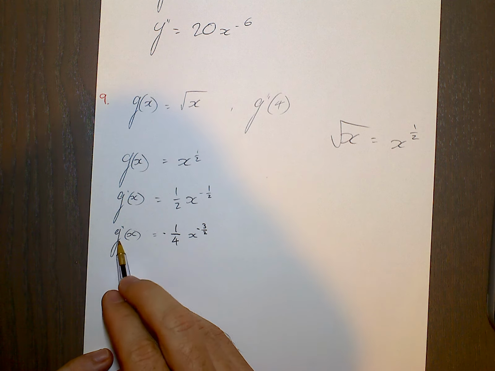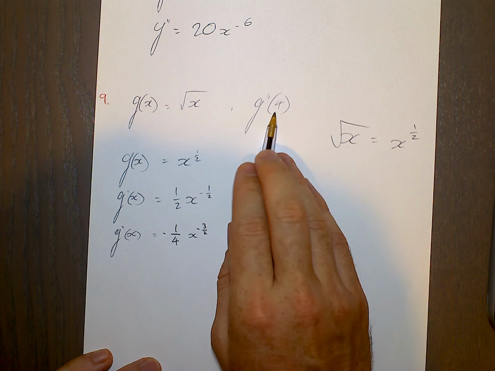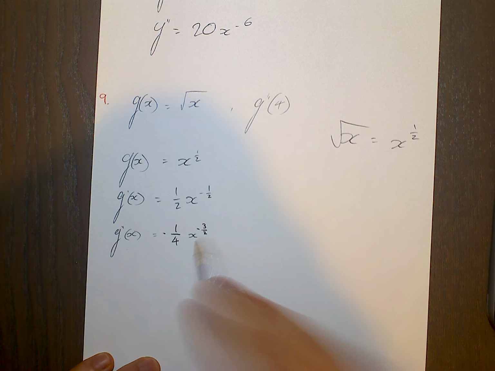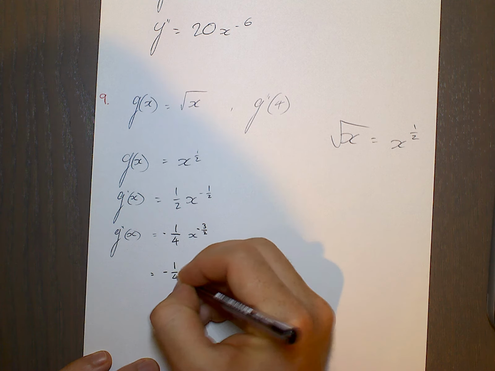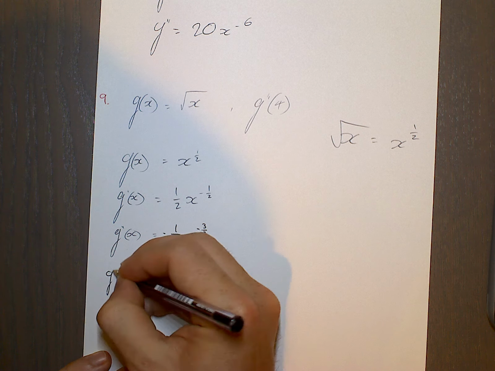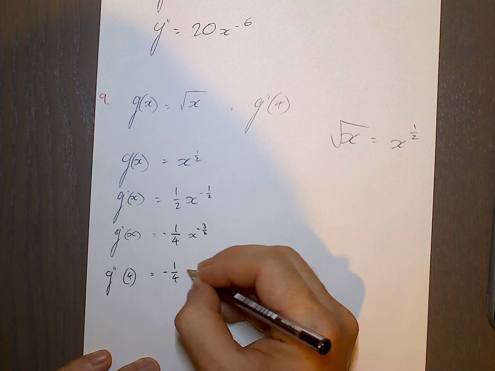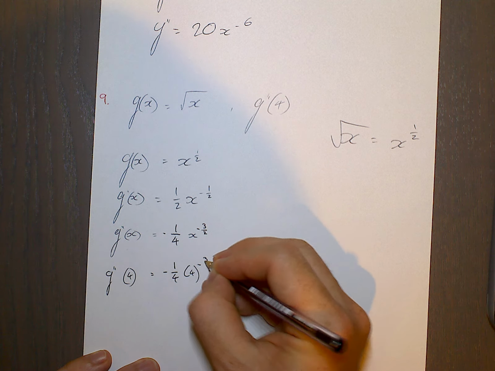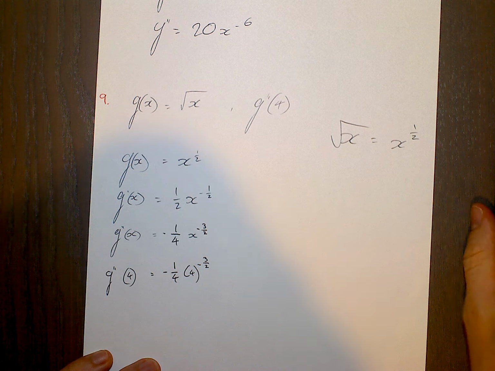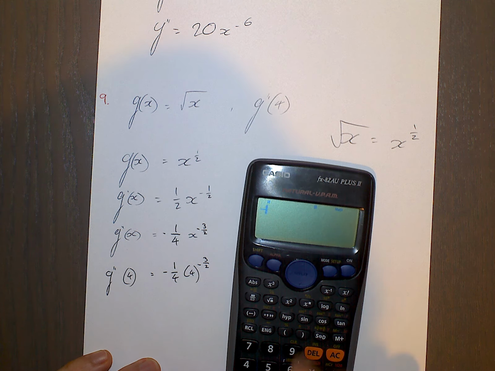So -3/2. Okay, so now we've got our G double dash X. Here we are. And we want to put 4 into where X is. So what that's going to be is -1/4. I should change this. Sorry, a bit rushing. And then I'm going to put my 4 in here, and that's going to be the power of -3/2. Now, that is one big mess, and I'm just going to put that right into my calculator.